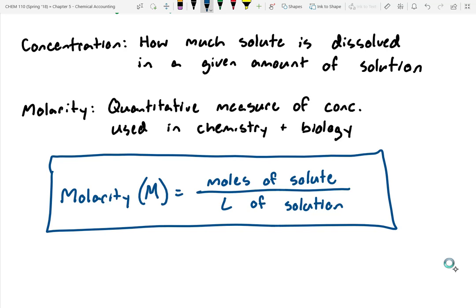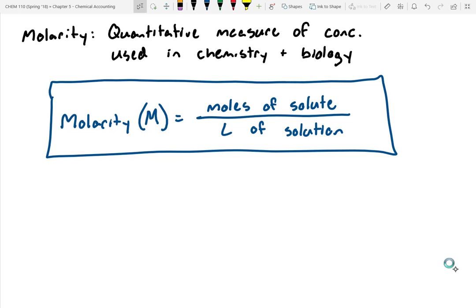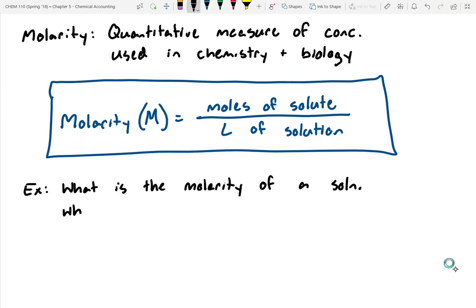Thank you. All right, so let's do some practice here. And this should help you with the last part of the pod as well. So what is the molarity of a solution when 2.33 moles of sodium chloride are dissolved to make a solution?